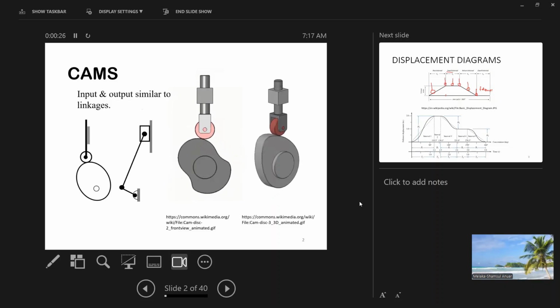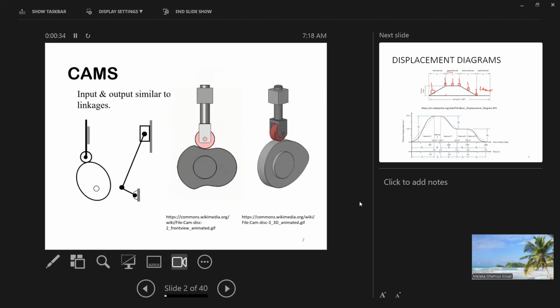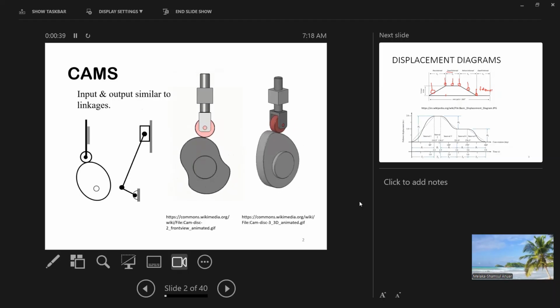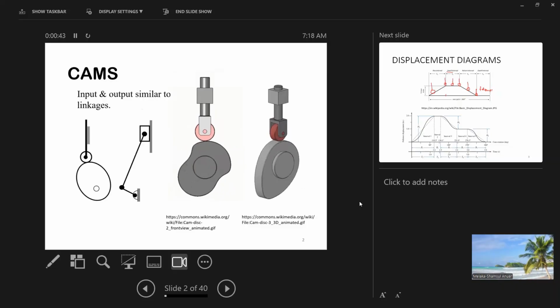These are some examples of cams and how they work. The one that is rotating is called the cam, whereas the one that is moving linearly is called the follower. There are many types of followers, and they are usually always in contact as the cam turns.